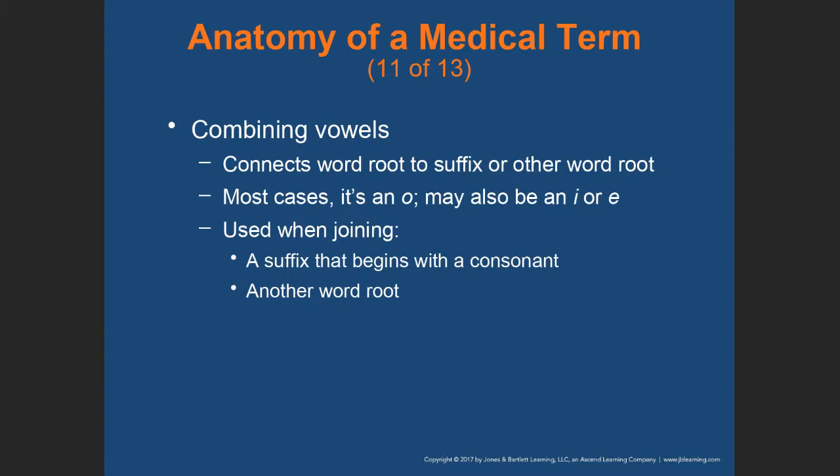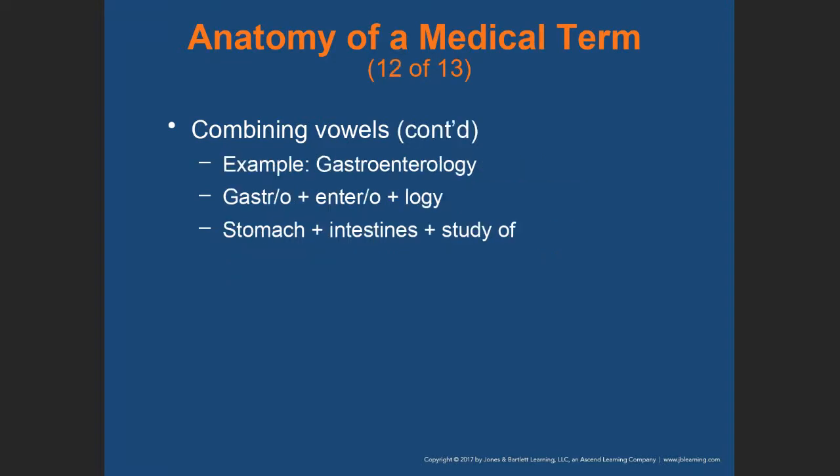Now let's look at combining vowels. Combining vowels connect a word root to a suffix or another word root. In most cases, it's an O. It may also be an I or E. Used when joining a suffix that begins with a consonant to make the word easier to pronounce, or when there are 2 word roots present.